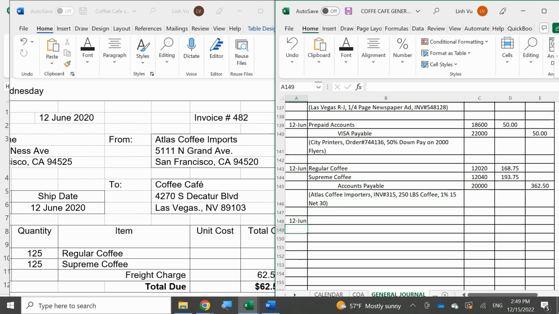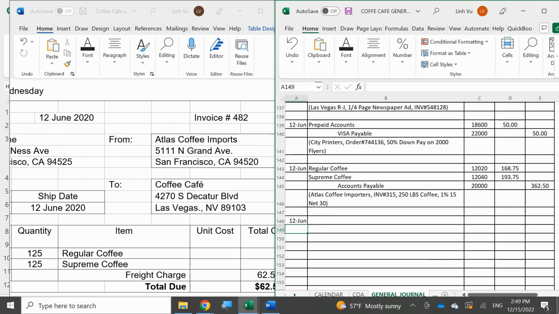Let me see how I wrote that down. Actually, what I did is perpetual, so it's regular coffee, supreme coffee, and then we paid with a check. So we actually have to do it for each individual inventory.